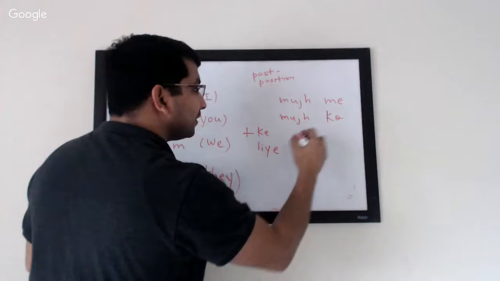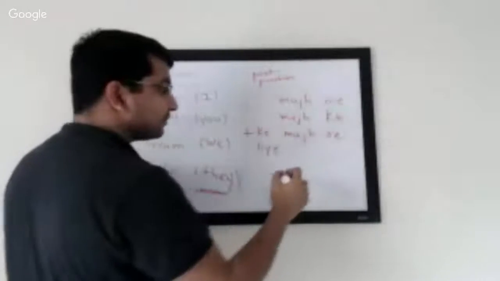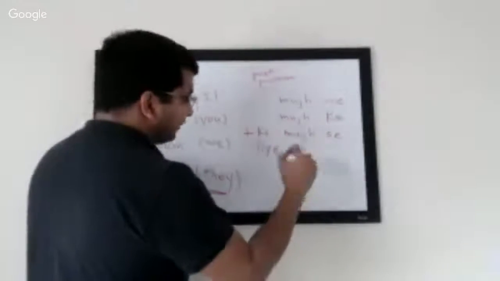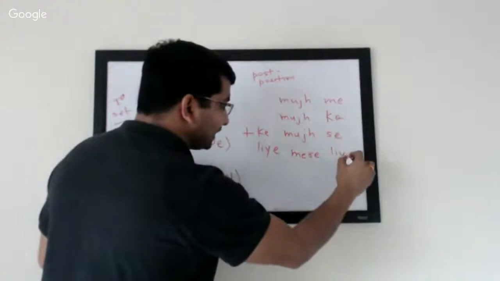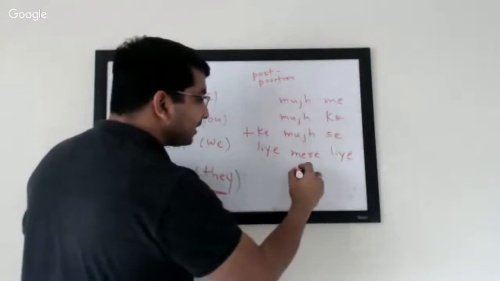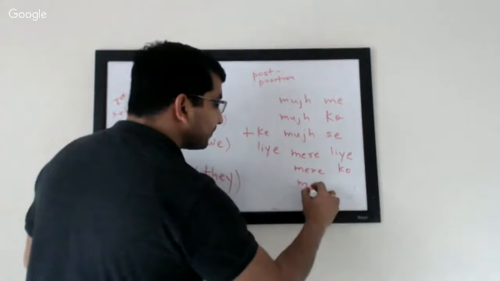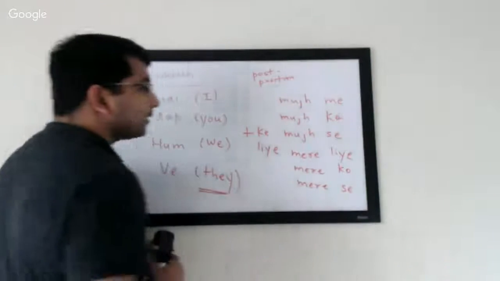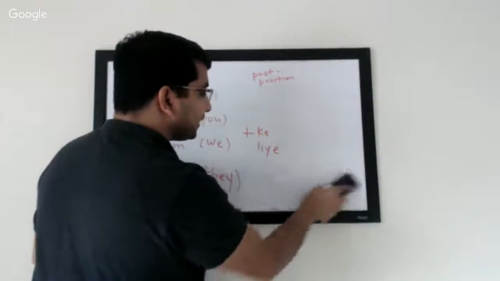From me is मुझसे. Again, these are all post positions, right? And again, we do say मेरे लिए. There's no denying that. So these are used interchangeably: मेरे लिए, मेरे को, मेरे से, right? From me. So the bottom line is that it's basically मुझ as well as मेरे.